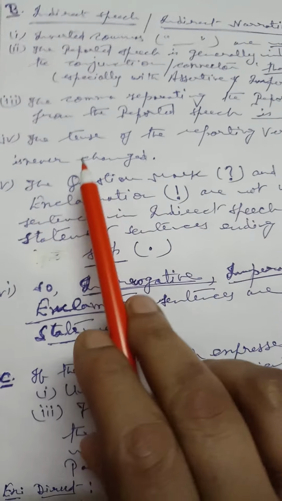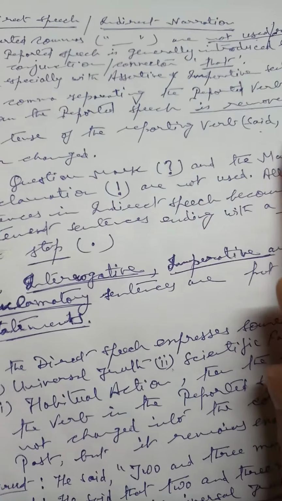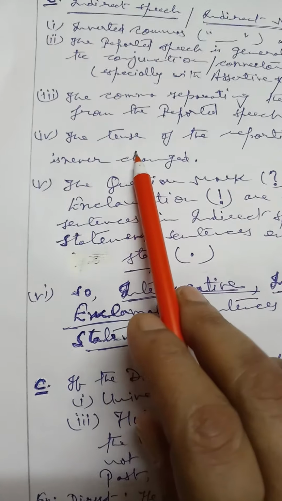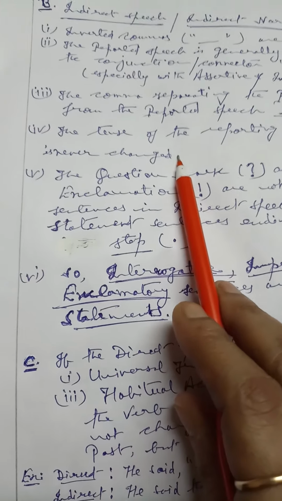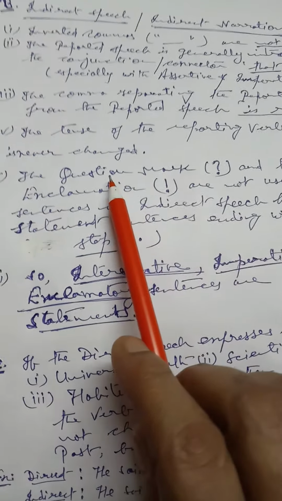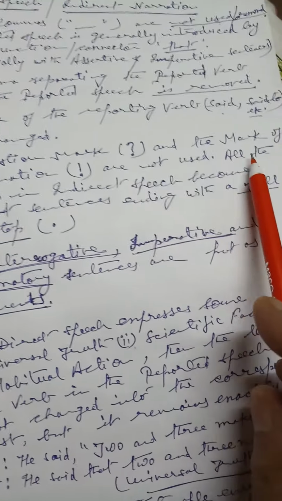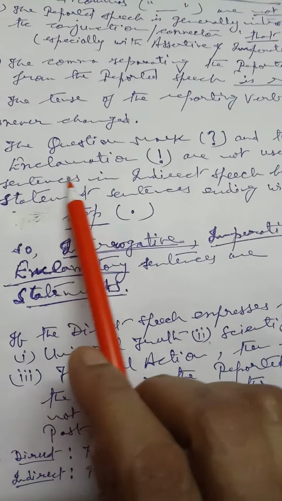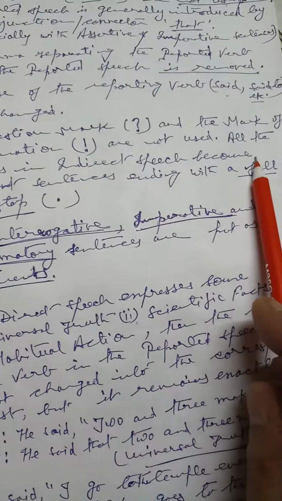Next rule, the tense of the reporting verb, said or said to, is never changed. Rule number 5, the question mark and the mark of exclamation are not used.